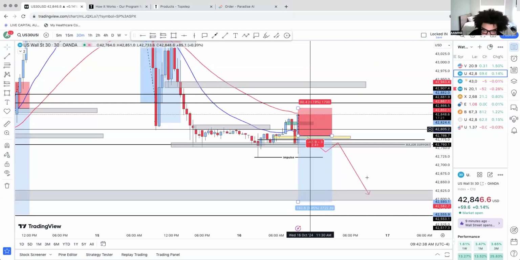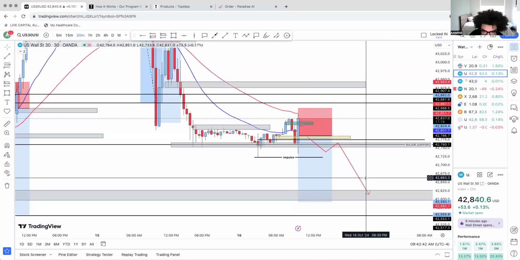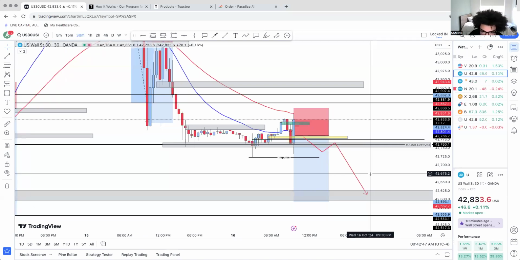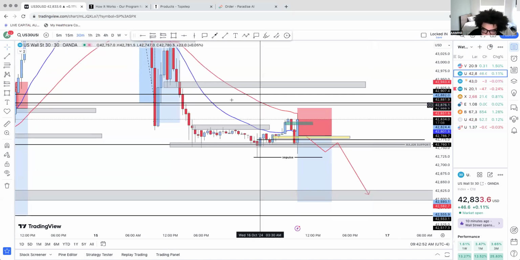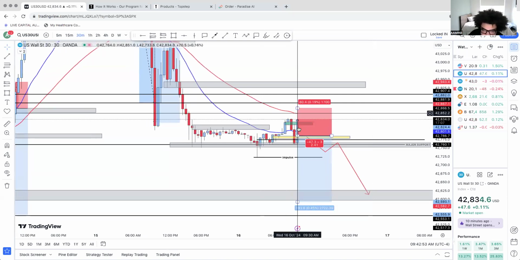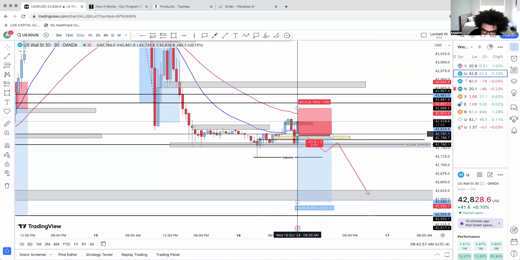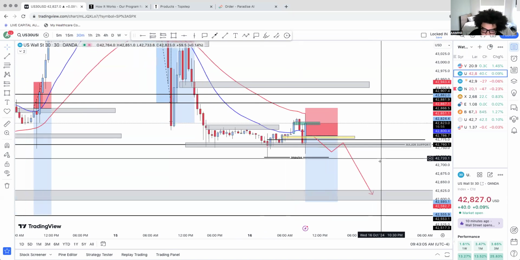Down what, 60 points right now? Yeah, I got in a little bit later than y'all, so I'm only down like 20 points. This is about to drop, bro, and I know it. This right here is just getting all those little scared, weak traders out, the ones that entered too low and are messing their account up right now, thinking this trade is shot.